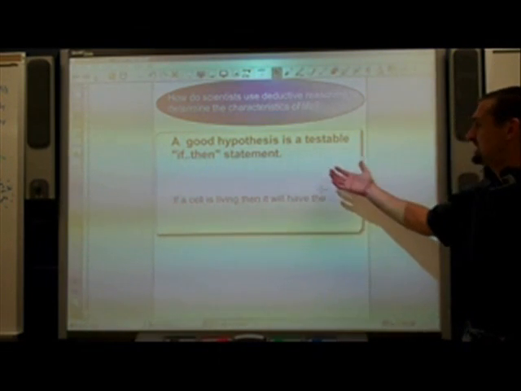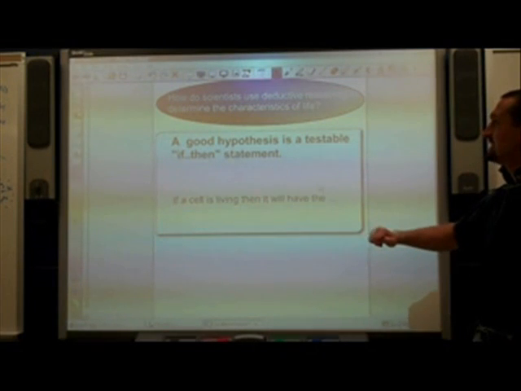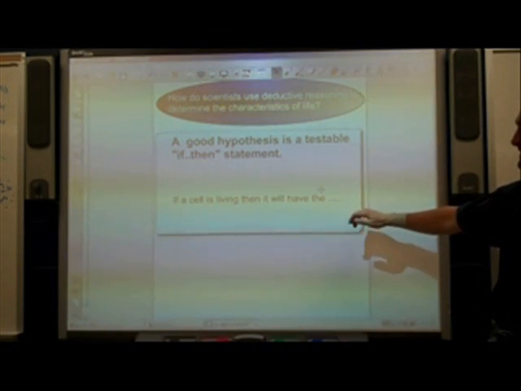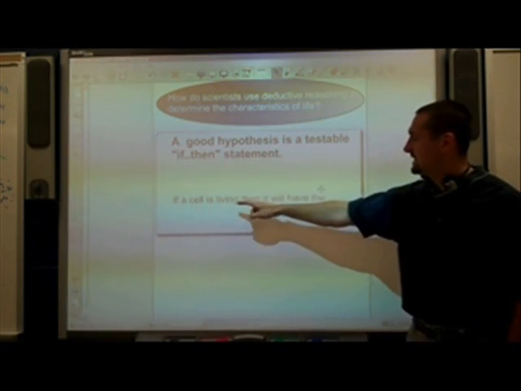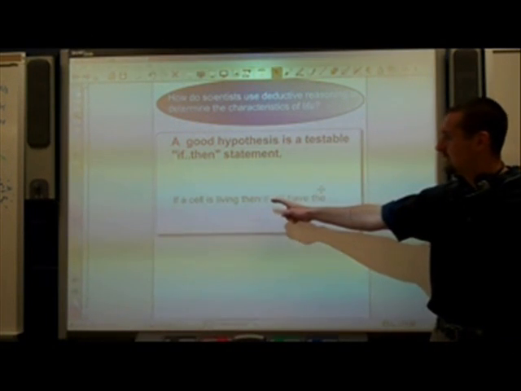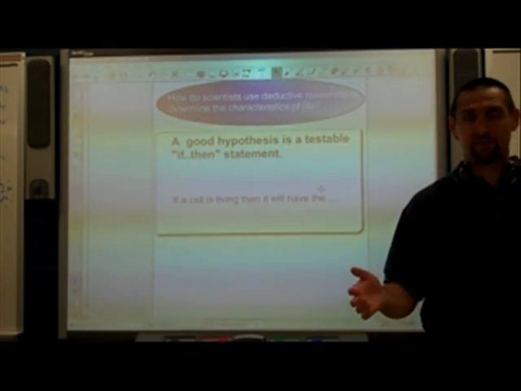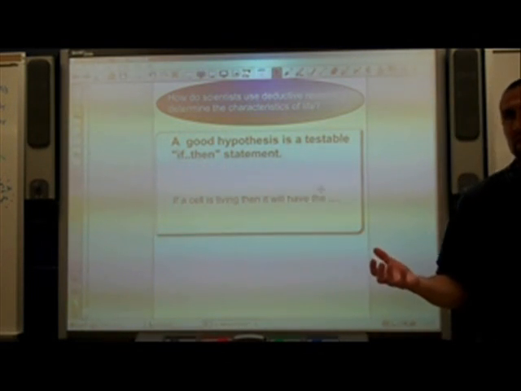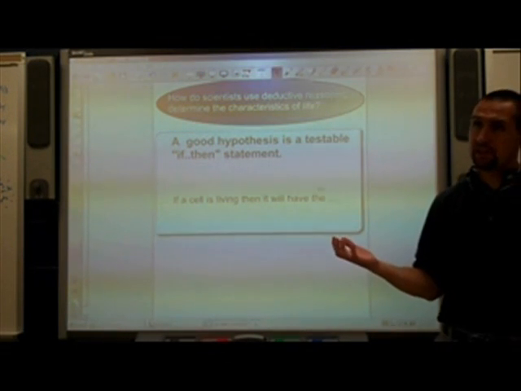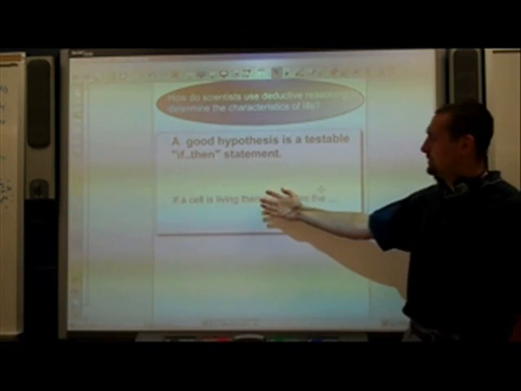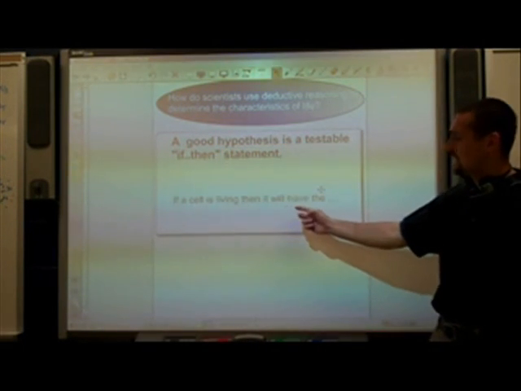So again, a good hypothesis is a testable statement, an if-then statement. So let's try to finish this statement. If a cell is living, then it will have the characteristics of life. So when we look back at what's the smallest living thing, we can go back to a cell if it has the characteristics of life.